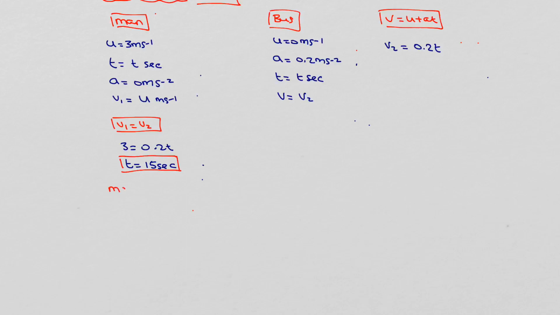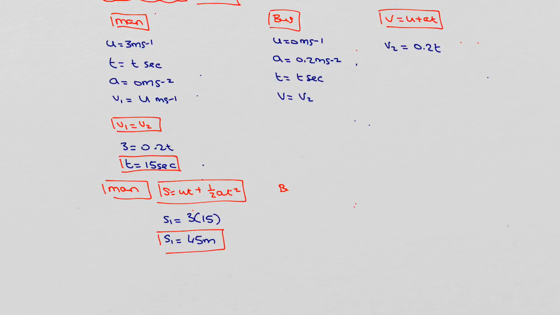So again, for the man, if we're looking at S is equal to ut plus a half at squared, well, our u is 3. The time we've just worked out is 15, and of course he has no acceleration, so it's just u times t, gives us 45 meters.